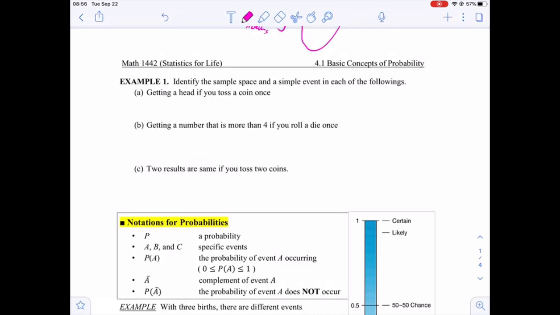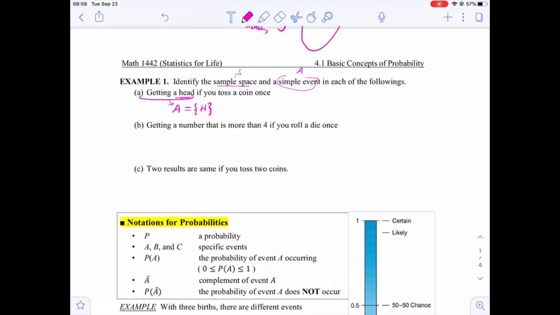So let's take an example. We want to identify the sample space S, and a simple event, let's call it A or E, in each of the following cases. Getting a head, this is the event A. So the event A consists of head.